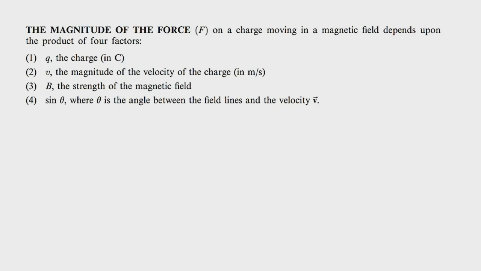These are Q, the charge, expressed in coulombs; V, expressed in meters per second, the velocity of the moving charge; capital B, the strength of the magnetic field; and sine theta, the angle between the magnetic field lines and the direction of the velocity of the charge.